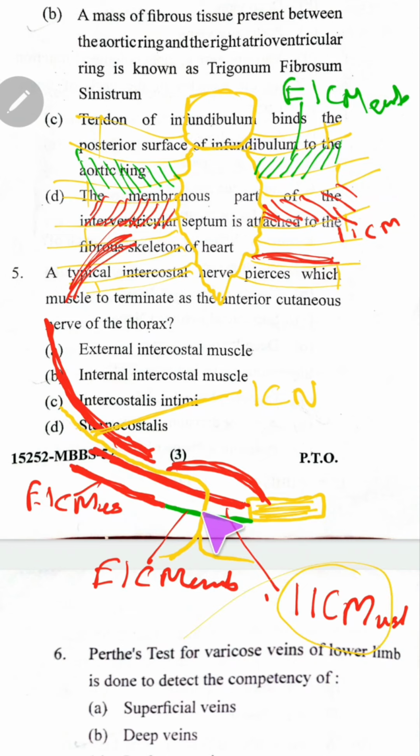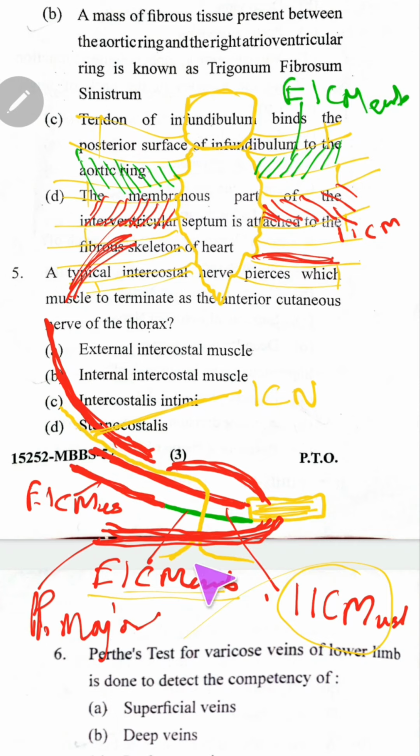Then it will pierce this membrane, external intercostal membrane, and it will further pierce another extrinsic muscle attached on the lateral border of the sternum and onto the outer surface of this membrane. This is pectoralis major. Got it? So these are the three layers it will pierce.